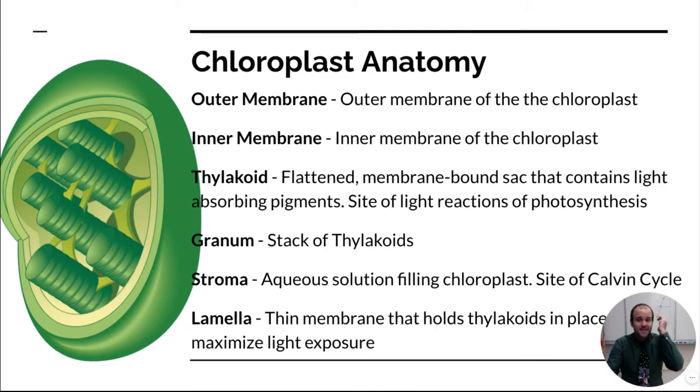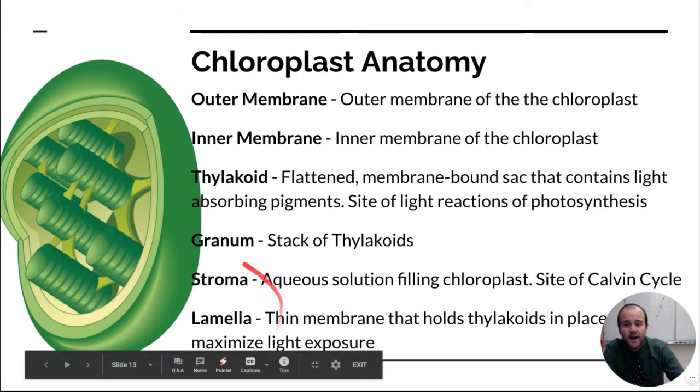So a chloroplast has an outer membrane and an inner membrane, sort of like the mitochondria. There are thylakoids inside, which are sort of like their own organelles. They're these membrane-bound sacs filled with light-absorbing pigments. This is going to be where the light reactions take place. These are organized into stacks called granum.